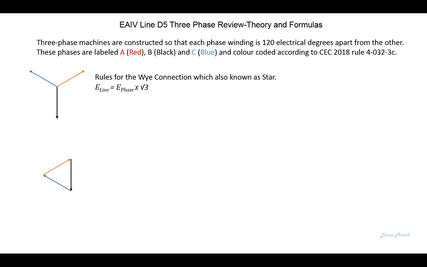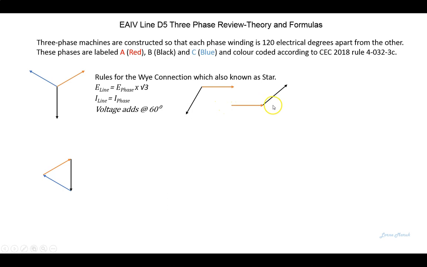And we have some rules for Y, which is also known as star. E line equals E phase times root 3, and I line equals I phase. We can safely say that voltage adds at 60 degrees. When we look at A vector and B vector in their normal phase rotation, and then we place B vector at the head of A vector, we have to draw it in the opposite direction.